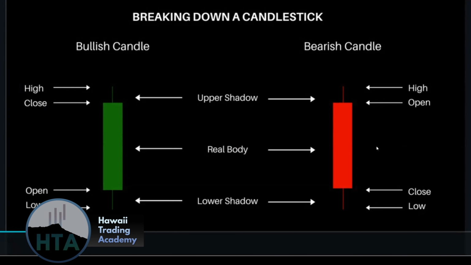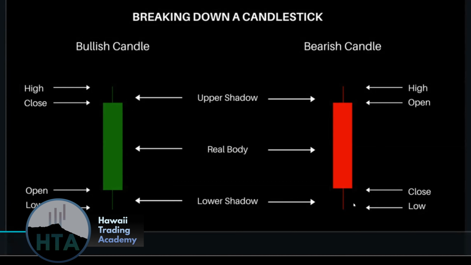It's the opposite for a bearish candle. Price starts at this open, shoots down, pegs in this area, but gets rejected, so it actually closes here. So vice versa, what you're seeing is just one candle.